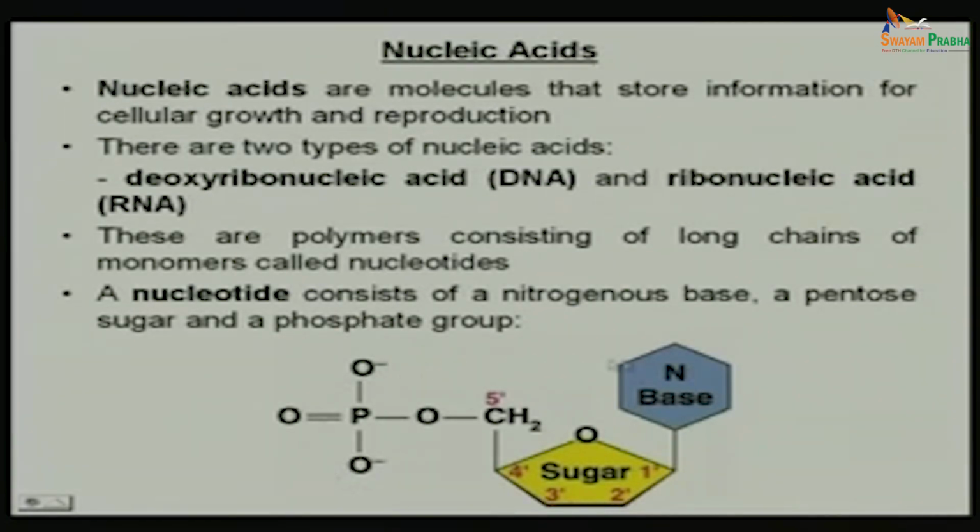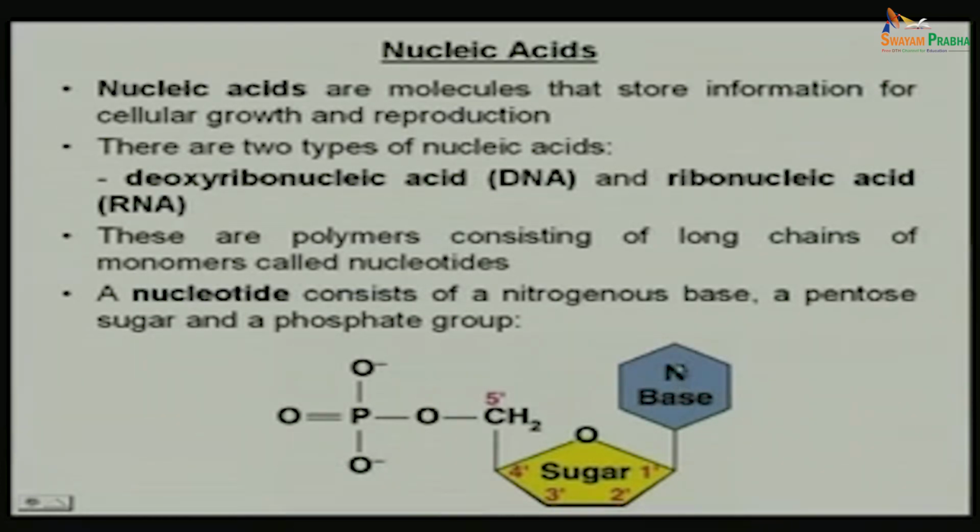Now, this is the structure of a nucleotide. Say this is a pentose sugar. In carbohydrate classes, I have already discussed what is pentose and what is hexose. If we number the carbons, this is the first carbon, second, third, fourth and fifth. The first carbon is occupied by a nitrogenous base.